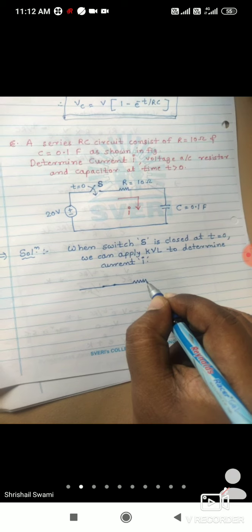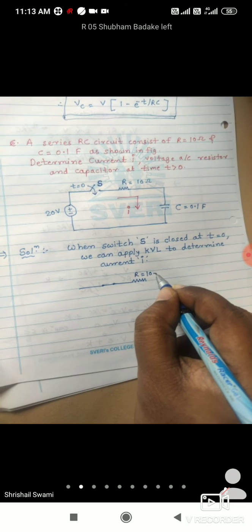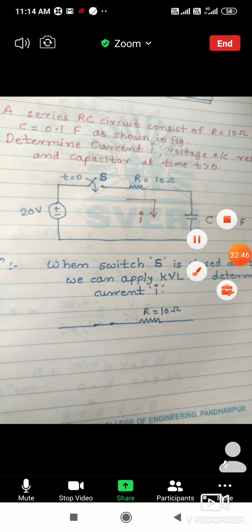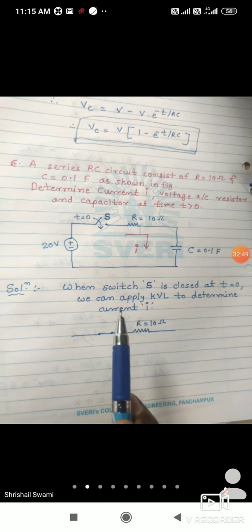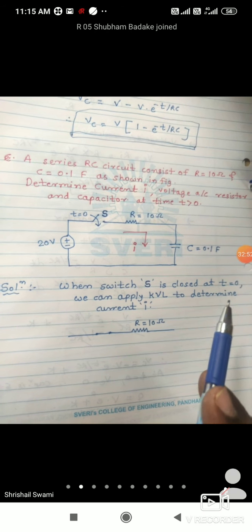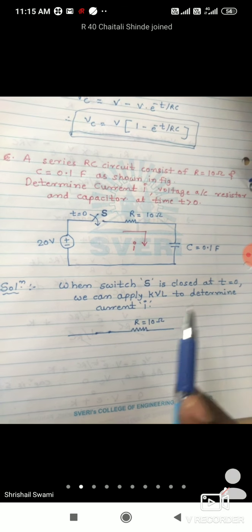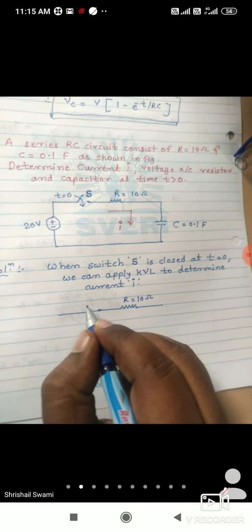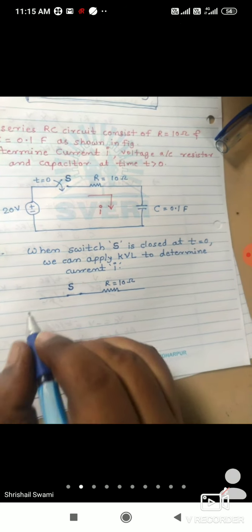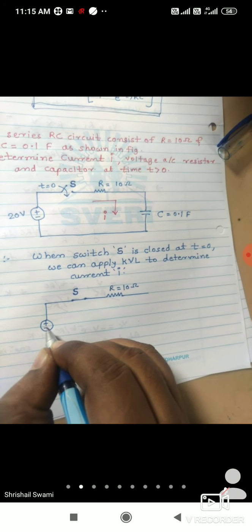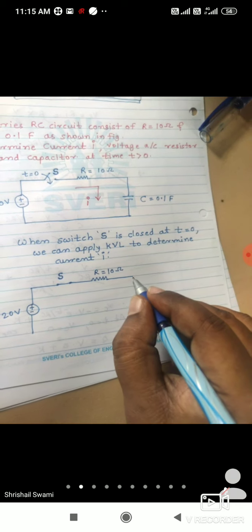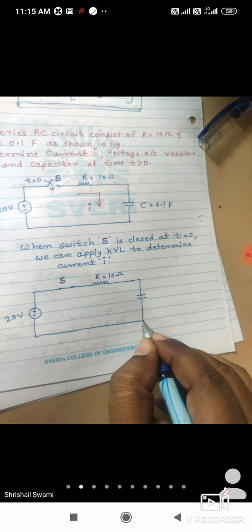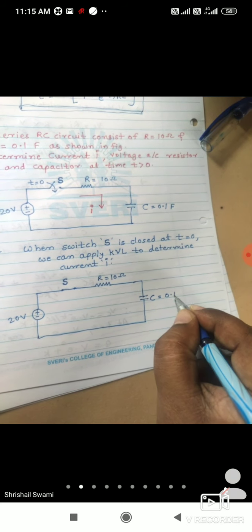You can draw the diagram, R is equal to 10 ohm. As soon as the switch is closed, the supply voltage is connected to the circuit. This is the capacitor C value, 0.1 farad.